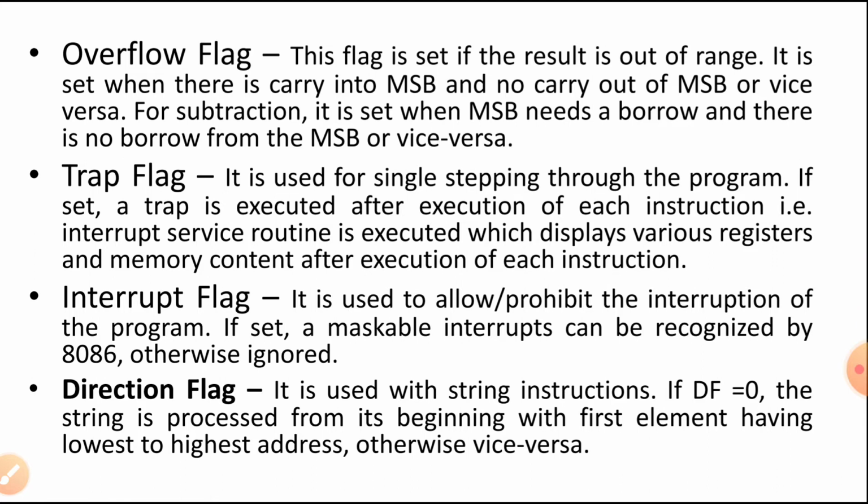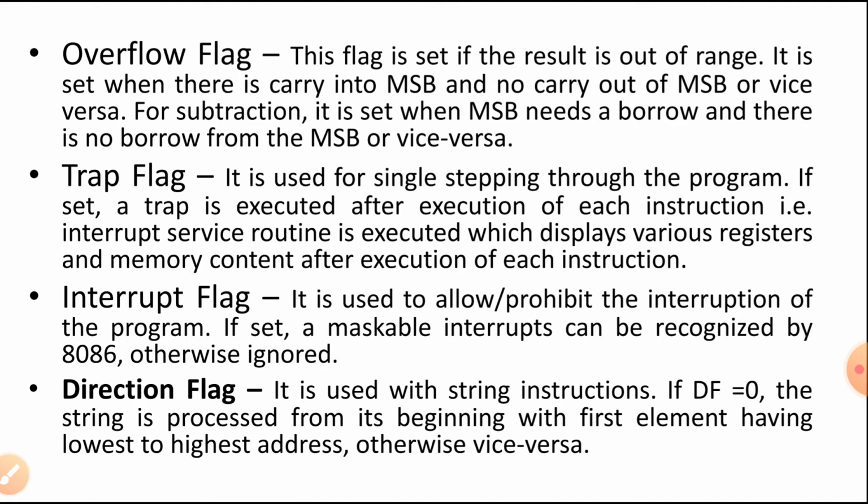Let us come to the trap flag. This flag is used for single stepping through the program. Whenever you have seen a microprocessor kit, there is a key used as the single step key, which instructs the processor to execute the instructions one by one.